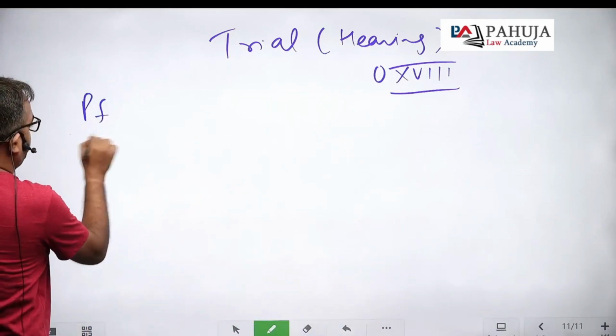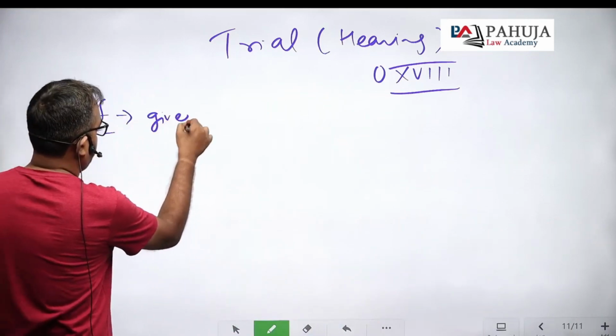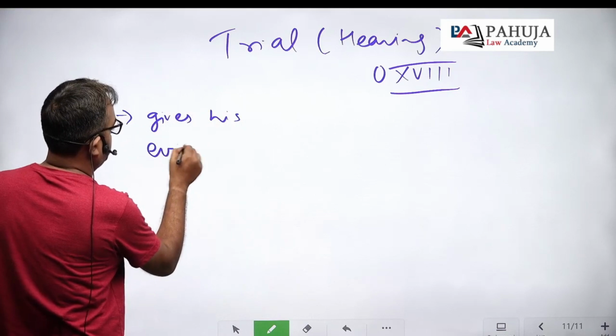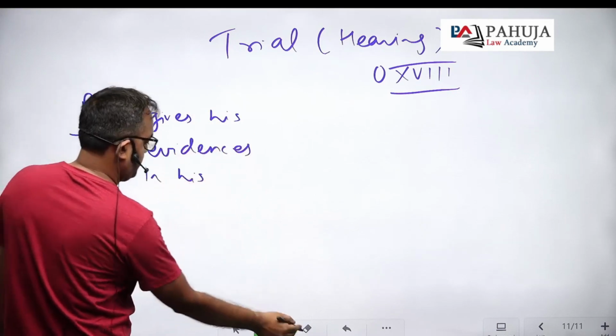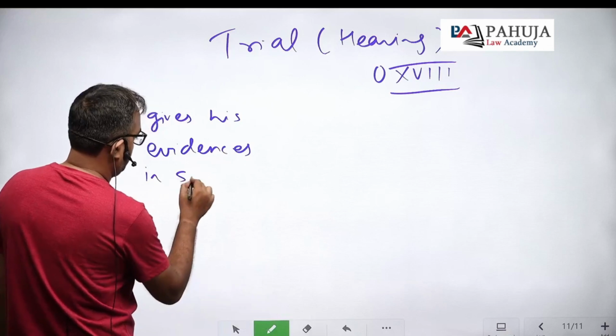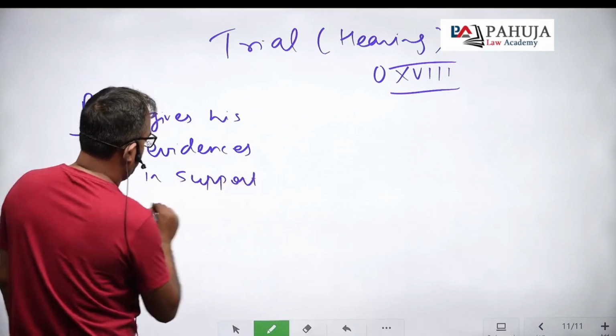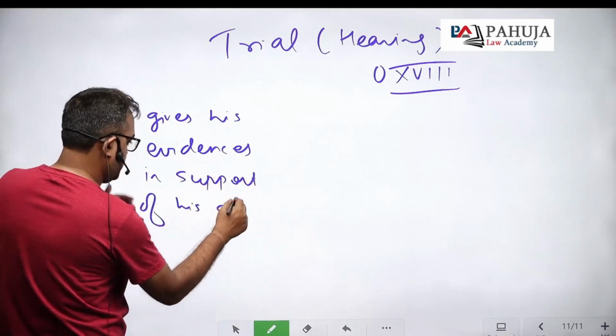Now what happens in a trial? First, the plaintiff gives his evidences in support of his allegations.